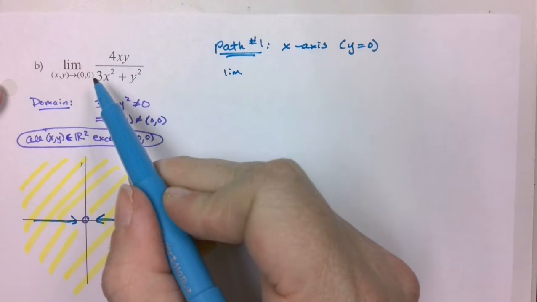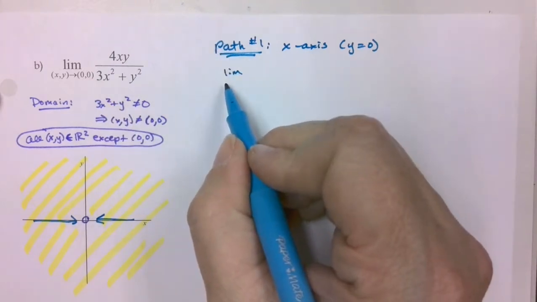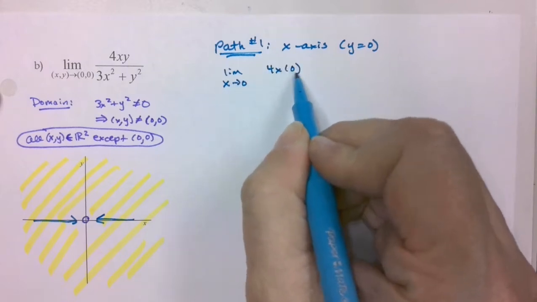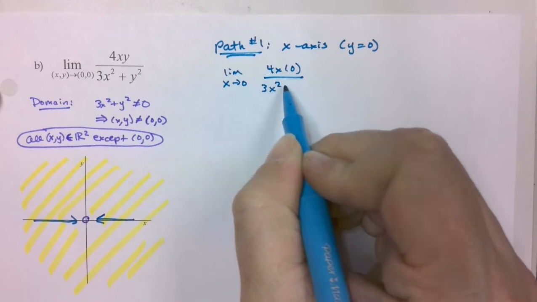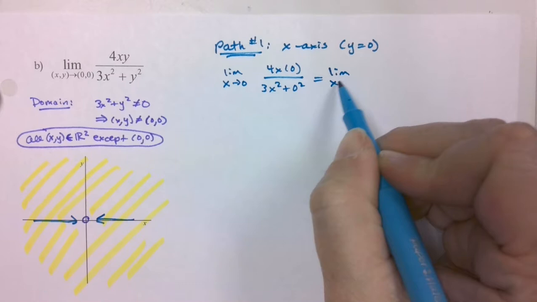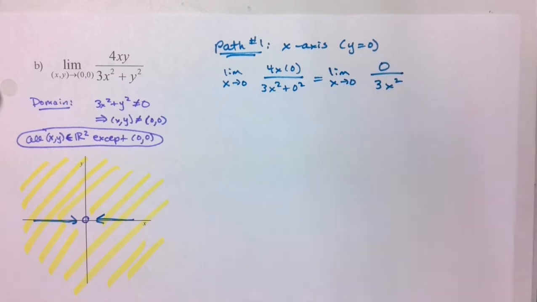Instead of xy approaching 0, 0, it will just be x approaching 0. And then it'll be 4x times 0 over 3x squared plus 0 squared, which is the limit as x approaches 0 of 0 over 3x squared.